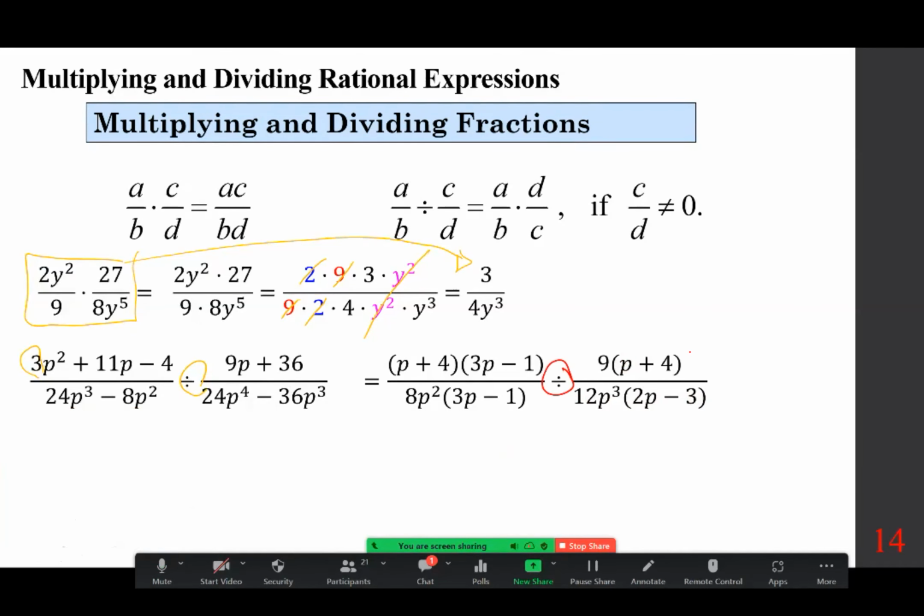Let's write them so it doesn't get confusing. This p cubed cancels out this p squared, and it gives us p. I hope you realize this is 72, which is divisible by 12 and gives you 6. And that's how you get to this final answer.